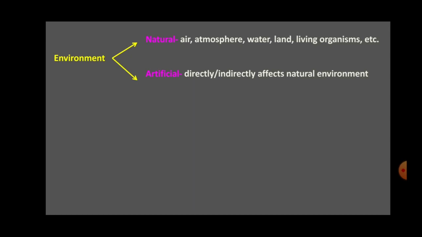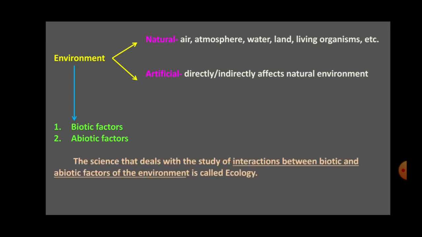Let's see what we have next. Factors are biotic and abiotic. Now, the science that deals with the study of interactions between the biotic and the abiotic factors of the environment is called ecology. Let me tell you, when you move to your higher standards, if you choose biology, you might have this subject ecology, or you might also study it as a small part of higher studies.